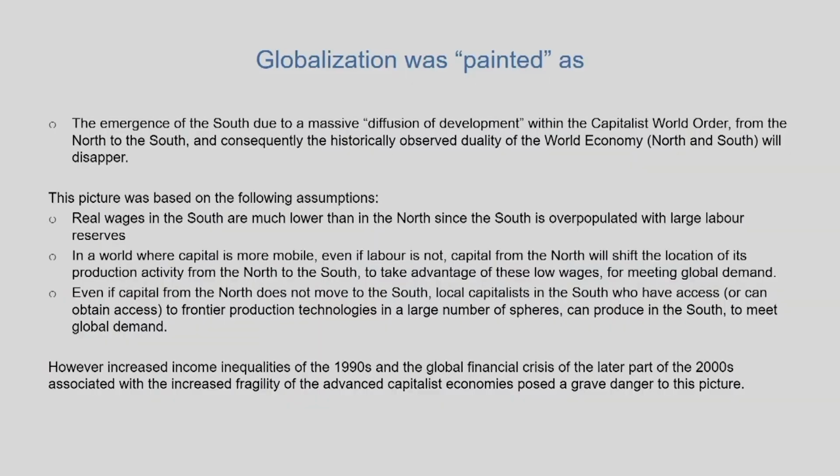A third assumption was that even if capital from the north is for some reason not able to move to the south, local capitalists in the south who have access or can obtain access to sophisticated production technologies in different spheres can produce in the south to meet global demand, and this is what is referred to as the technology transfer component of globalization. One of the facets of globalization was free flow of technology from one country to the other.